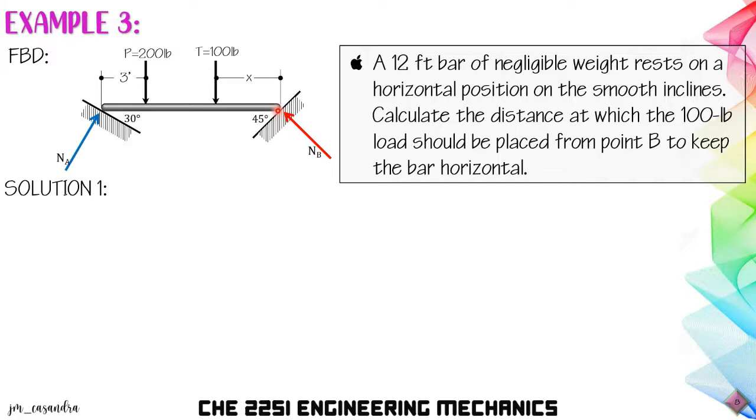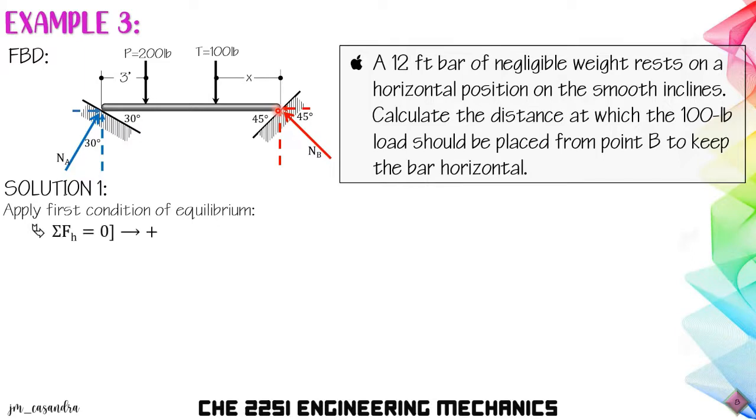So to solve for our required value X, we first apply our first condition of equilibrium, which is summation of forces. So for NA and NB, they will have both X and Y components. So from the diagram, we can see that NA is 30 degrees from the vertical and NB is 45 degrees from the vertical.